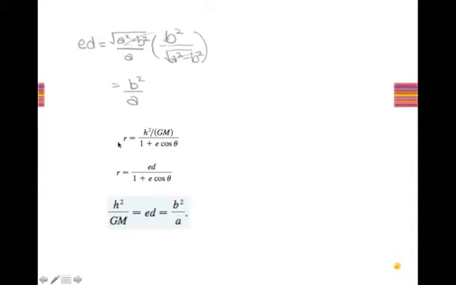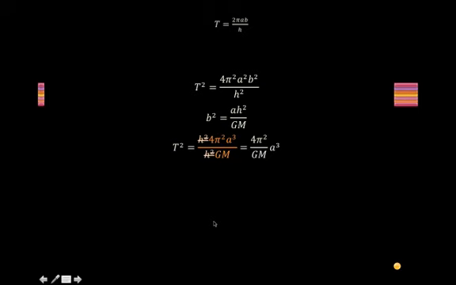Now moving on, Calculus: Early Transcendentals also showed that the radius in polar coordinates can be given by these two equations. This also shows that ed is equal to h squared over GM. And we also proved that ed is equal to b squared over a. So essentially what we've proven now is that h squared over GM is equal to b squared over a.